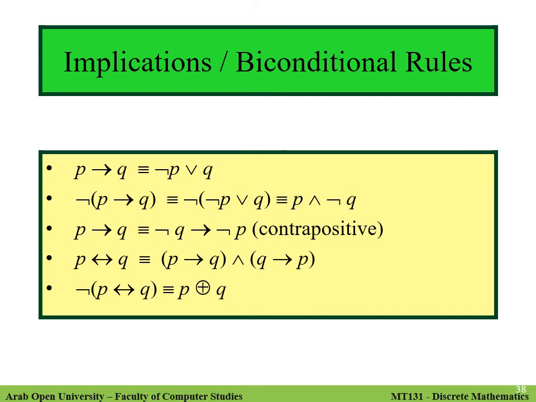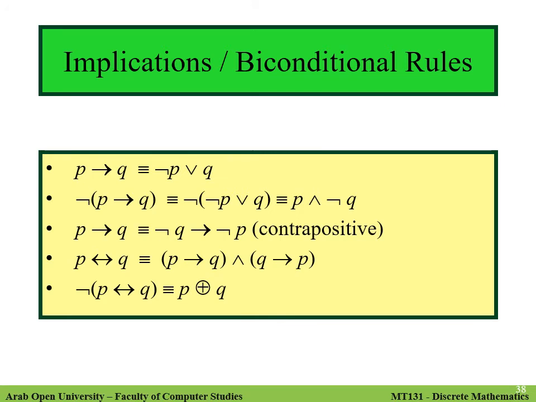The next statement deals with the implication operator. P implies Q is equivalent to not Q implies not P. You should remember this as the contrapositive. What this formula tells me, every implication statement is equivalent to its contrapositive. The next operation is a biconditional.